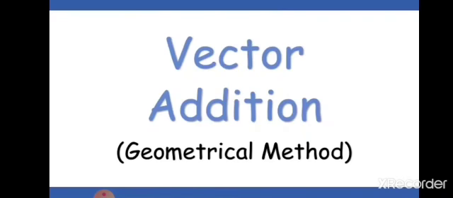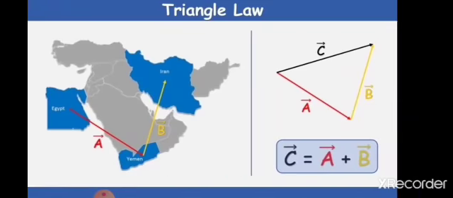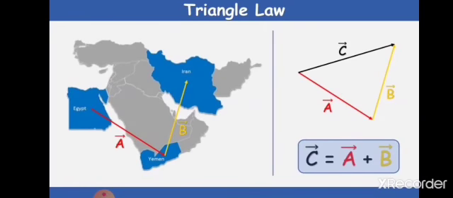Vector addition can be done either graphically or mathematically. The addition of vector A and vector B can be written as vector C equals vector A plus vector B, where vector C is called the resultant vector.